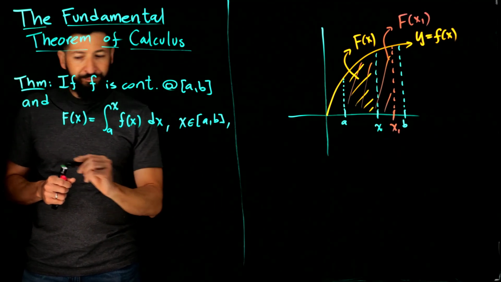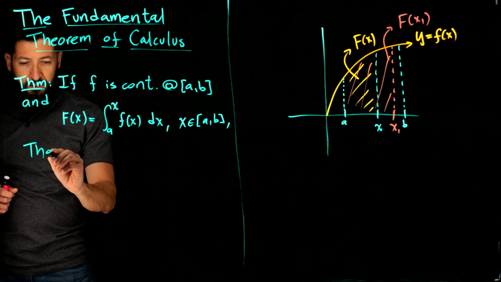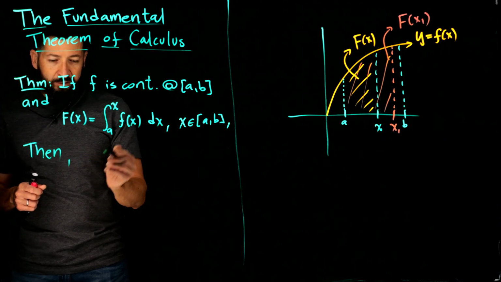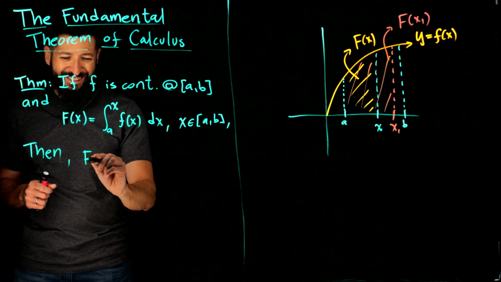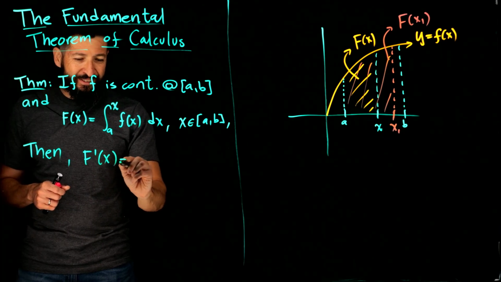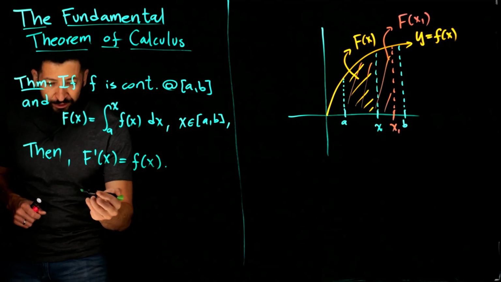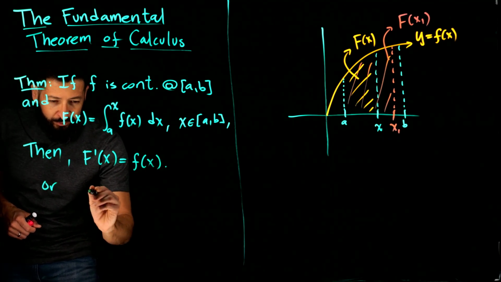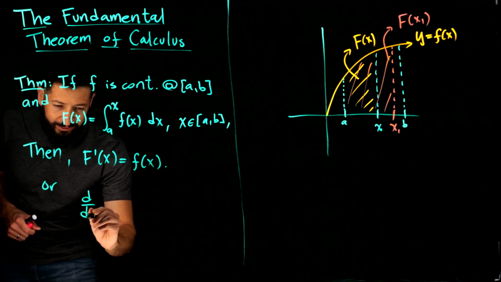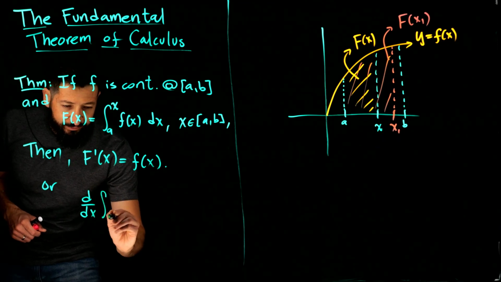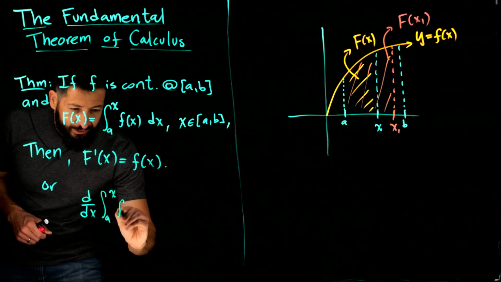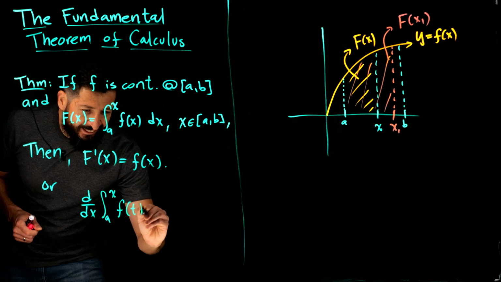Then the derivative of F is little f of x. So in other words, another way you could just state it, assuming everything is continuous and works out, the derivative of the integral from a to x of f of, let's say, t dt.